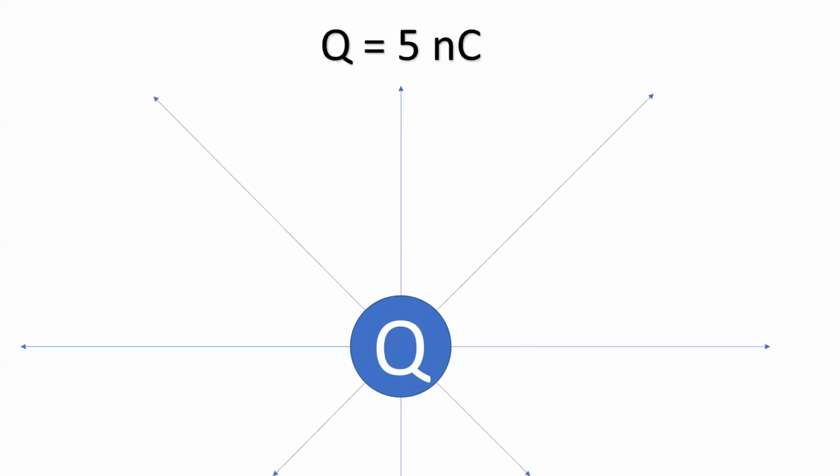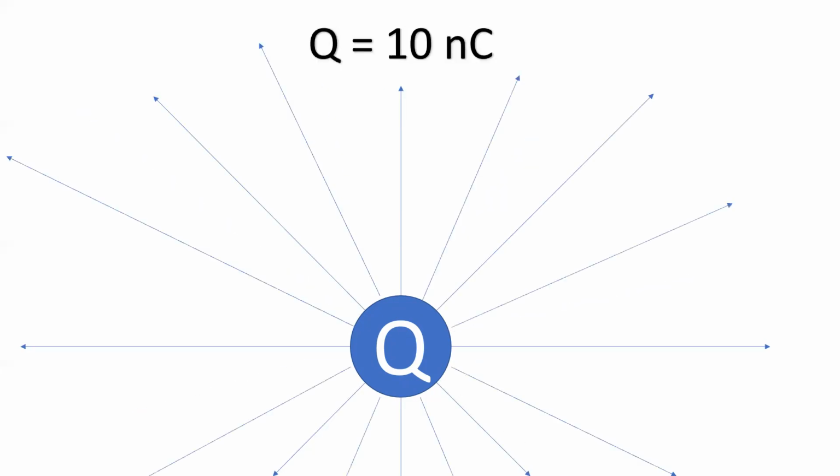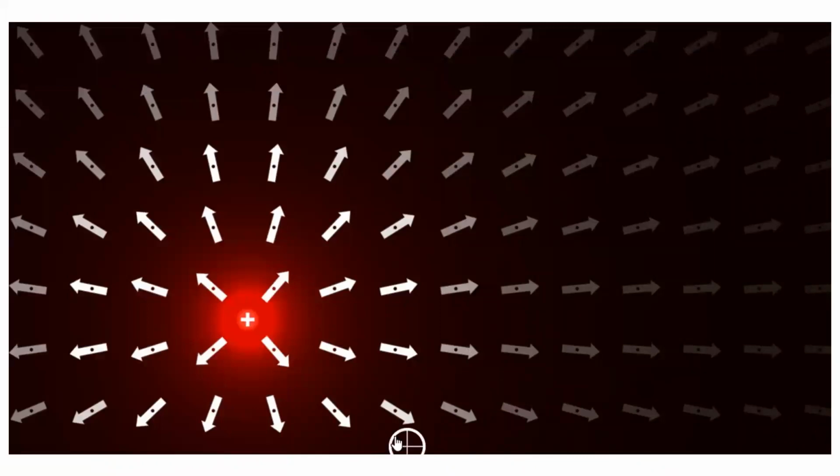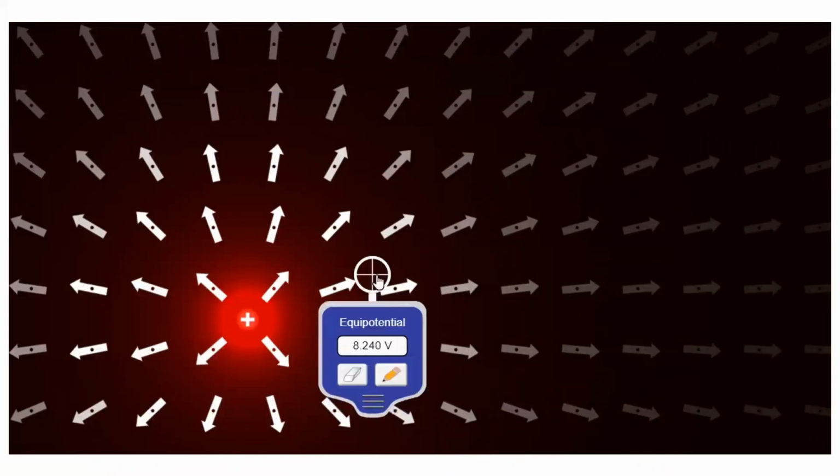So, the strength of the electric field depends on two factors. First, it depends on the charge of the source. The greater the value of the source charge, the greater the strength of the electric field it produces. Second, it depends on the distance of the point in space in consideration to the source charge.